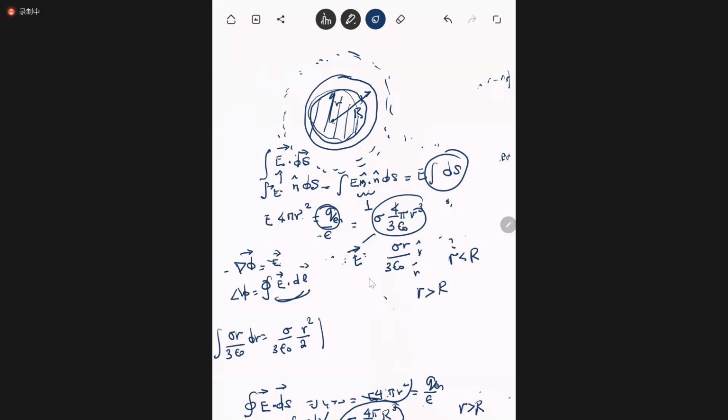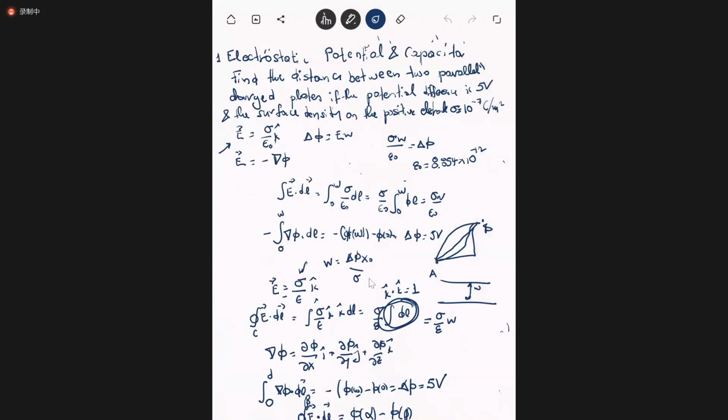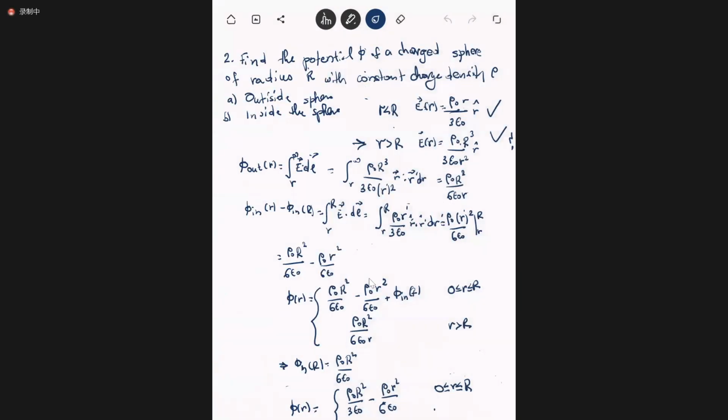Here, obviously, we have the limits of integration. And the limits of integration will be from what to what?